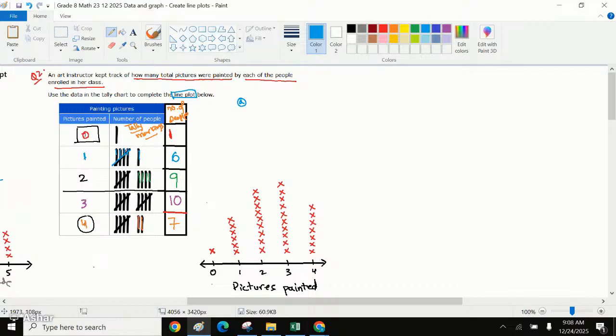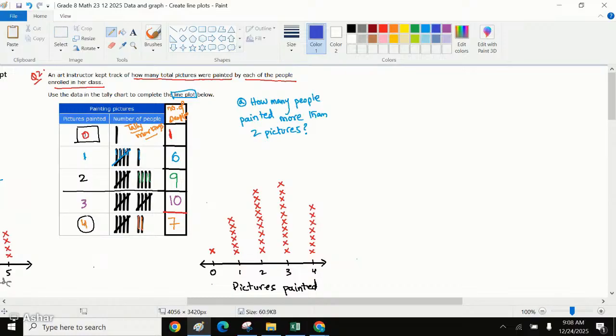If I would say, how many people painted more than 2 pictures, right? They're asking us a question else. We are just changing more things. We are trying to find more information from this.